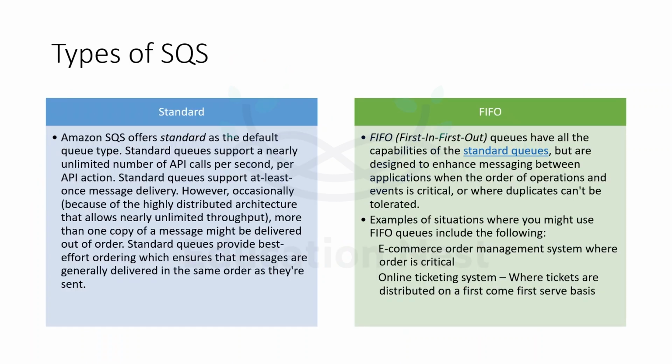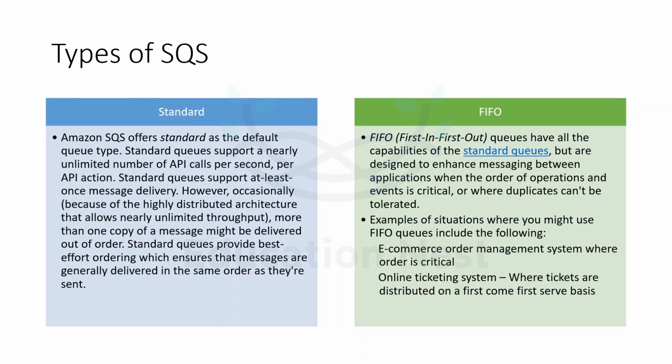Now if we see the types of SQS, there are two types of SQS queue. The first type is called a standard queue. By default, all the queues are standard queues. They can support an unlimited number of API calls per second and per API action. So here it will nearly support unlimited API calls.